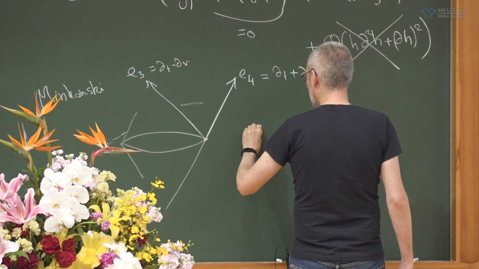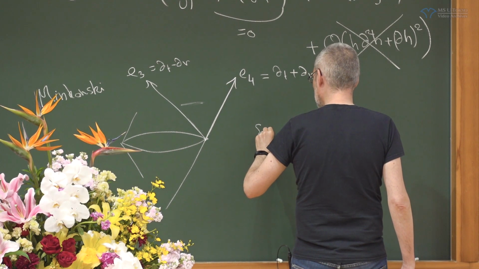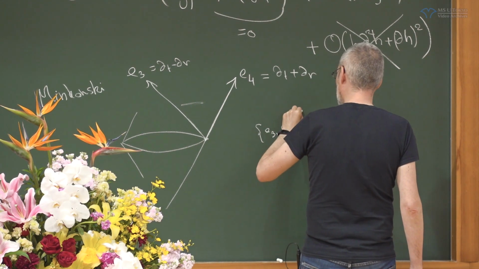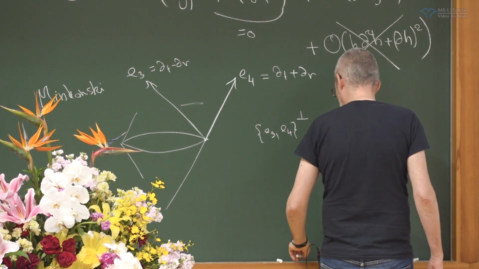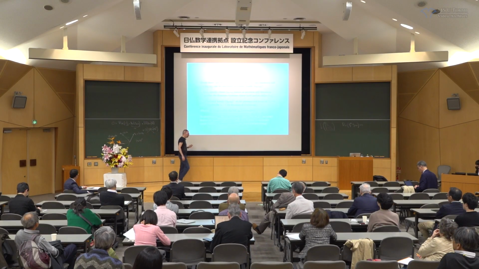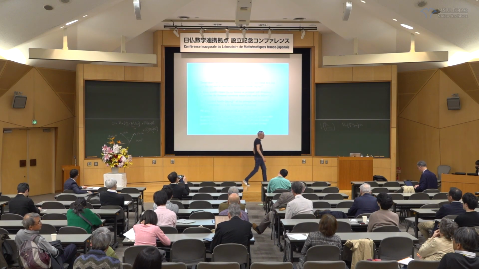And in fact, the tangent space of the round spheres is simply spanned by the horizontal bundle, which is given as the orthogonal space to E3 and E4.